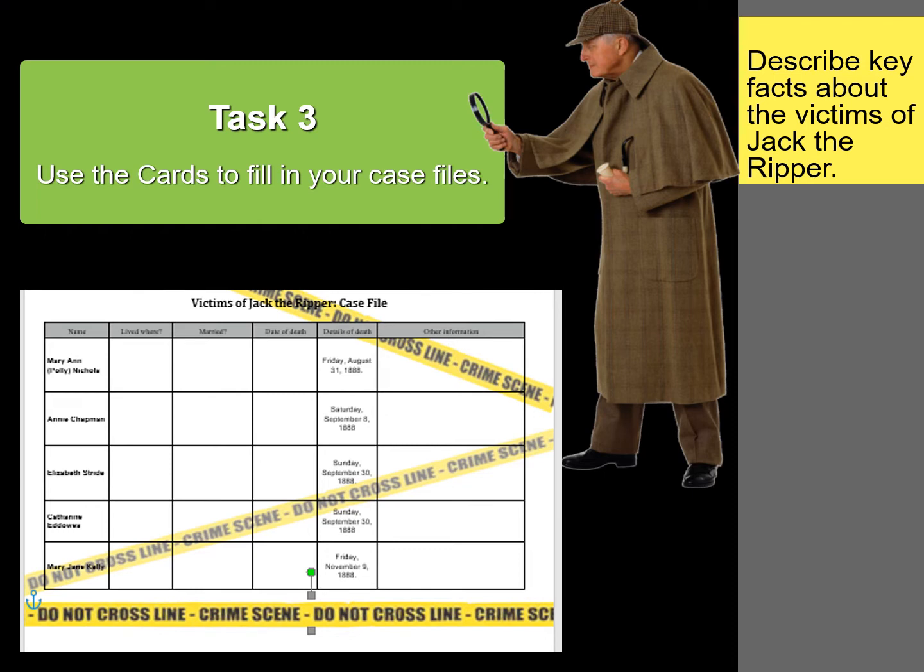So, task number 3. You're looking for the task number 3 table that looks like this, which is about the victims of Jack the Ripper. You can see all 5 of them are filled in there, and you're looking for the task 3 cards. We don't have these on the next slide, so you're going to have to make sure you download them and use them, and find the information in the cards about each of the different victims.